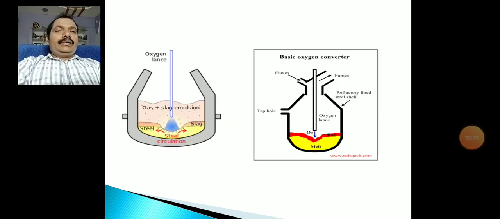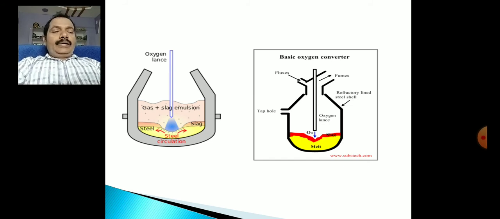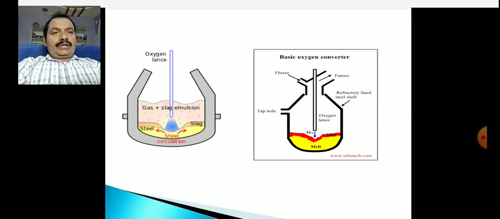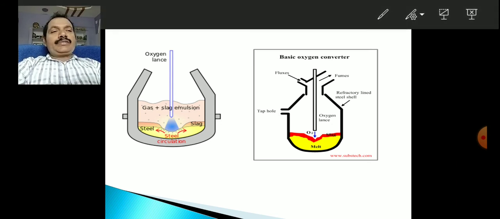Observe here, there are two figures I have shown you. Both are the same basic oxygen converters. You can learn this or this.